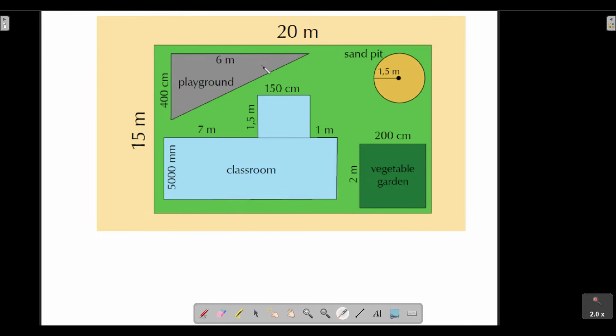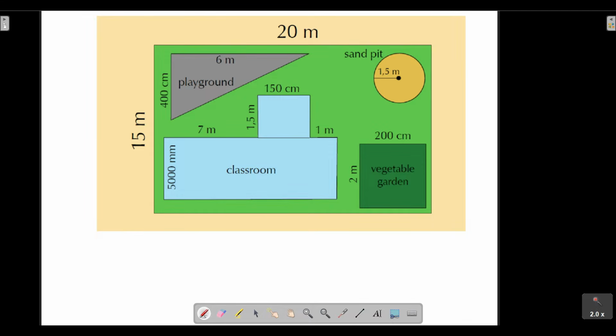So when we are calculating the perimeters of the playground, the sandpit, the vegetable garden, and the classroom, we need to take note that we just purely want the outline of the shape. Think back to how you would outline a shape in grade 1 or grade 2 when you were coloring in. You'd first start off by doing the outline of that shape. That is basically what we want when we are calculating perimeter.